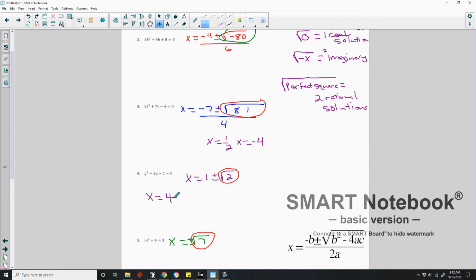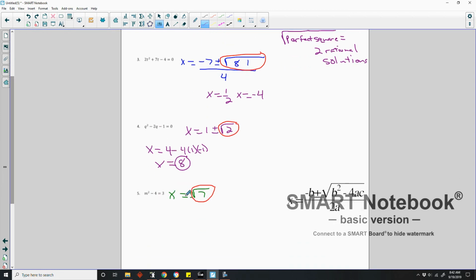So b squared is 4, minus 4ac, so that gave us 4 plus 4, which is 8. So our radicand was 8, and since that's not 0, it would give us two rational solutions, and we got two rational solutions, 1 plus or minus the square root of 2. Meaning there's a positive or a negative sign in our solution.